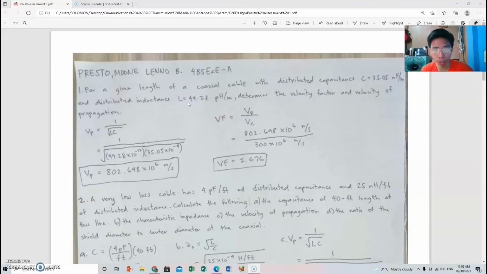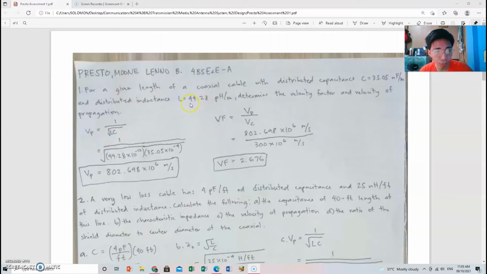So first, we need to know the velocity of propagation to find the velocity factor, and the formula of velocity of propagation in terms of inductance and capacitance is equal to 1 over square root of LC. Okay, so just input the given values. That is 1 over square root of quantity.